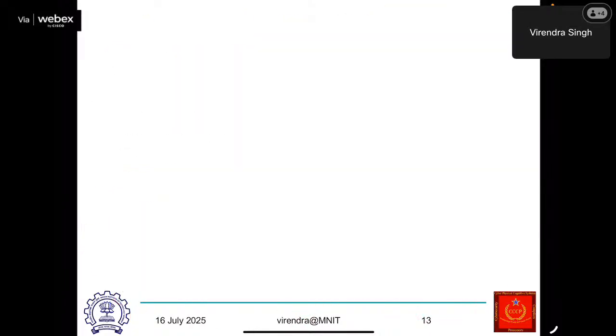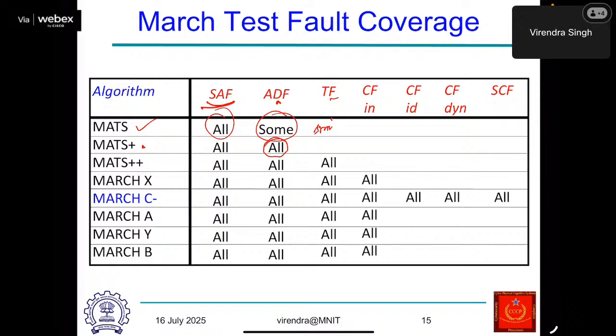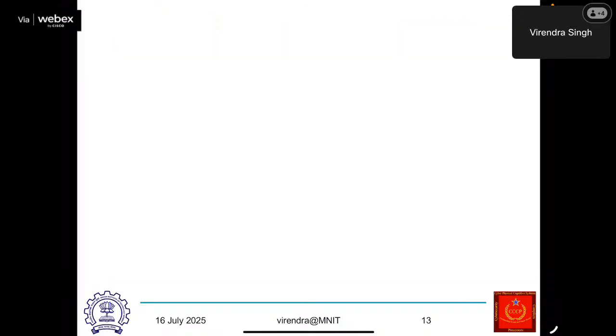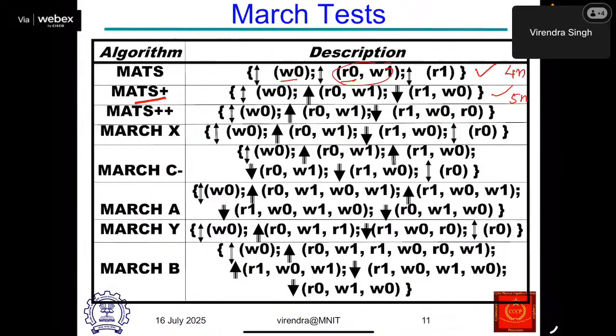In MATS plus plus, what do we do? We are adding one additional operation, that you are reading the 1, writing 0, that is up to that same as MATS plus, but in M3 you are also reading that value 0.